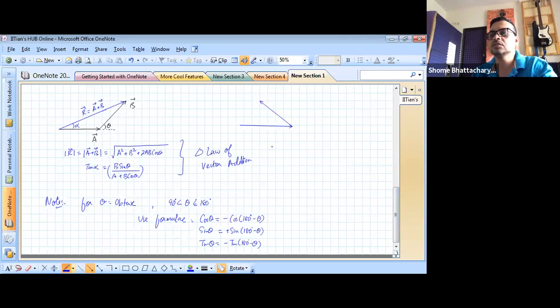So you can see in this case, the angle between them is an obtuse angle, whereas in this case it was an acute angle. So when your situation looks like this, then you will have to use these formulae to substitute the value of cos theta and sin theta in this one. And in that diagram, you can see that A plus B will become this. The resultant will become that one.